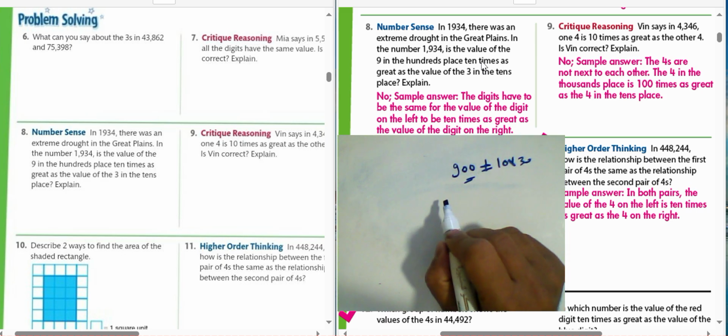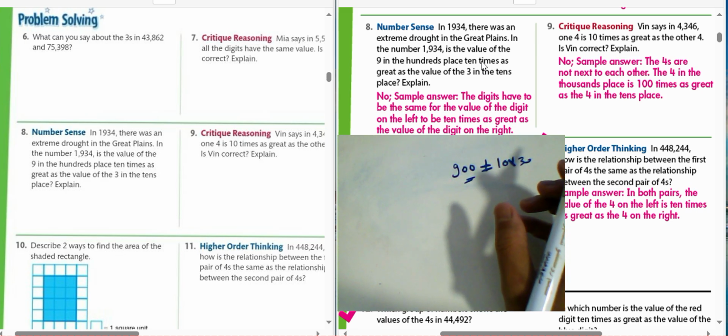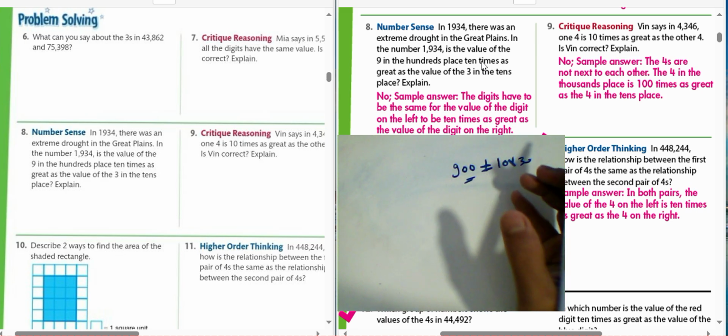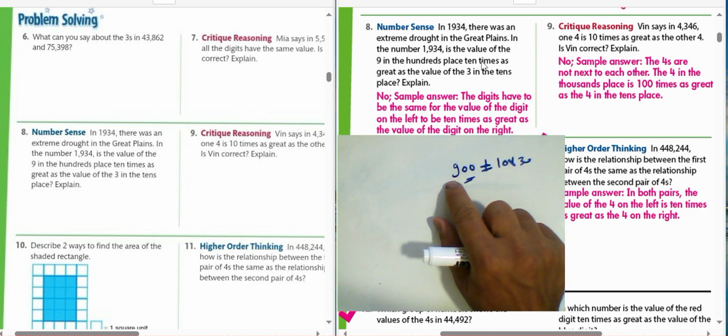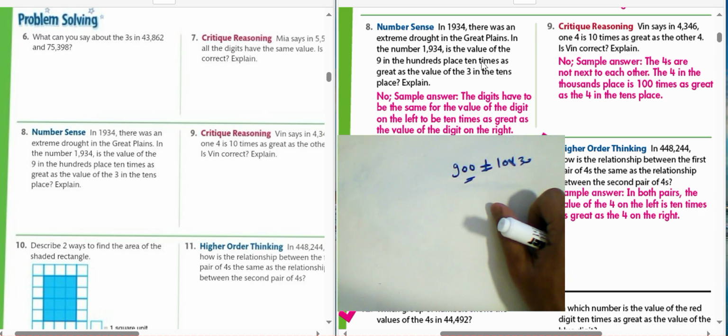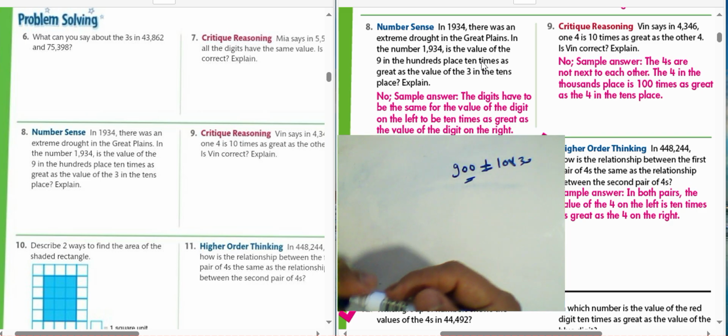No, not correct. Why not correct? Because the digits are different. They must be the same. If we change 9 to 3 or 3 to 9, it would be equivalent, but we have different digits. Then the digits have to be the same for the value of the digit on the left to be 10 times as great as the value of the digit on the right.